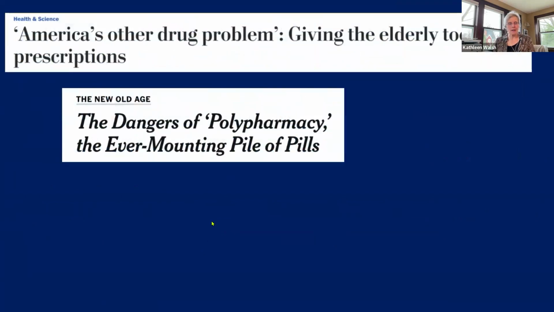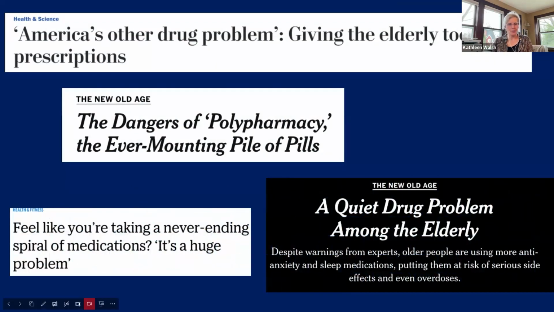Next. The problem with polypharmacy is then we get a drug problem. I put these titles in here from magazine articles: The Dangers of Polypharmacy, Ever-Mounting Piles of Pills, Giving Elderly Too Many Prescriptions, A Quiet Drug Problem Among the Elderly, Polypharmacy.